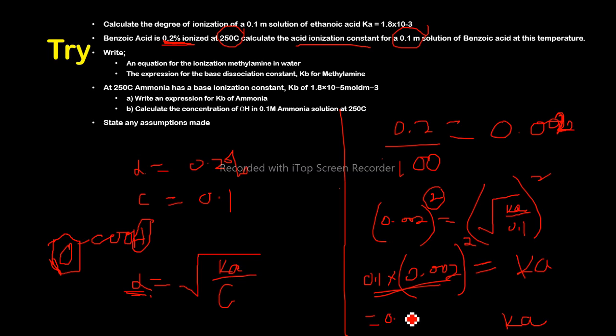The answer is 0.000004, with 6 zeros. So this is 1, 2, 3, 4, 5, 6, 4.